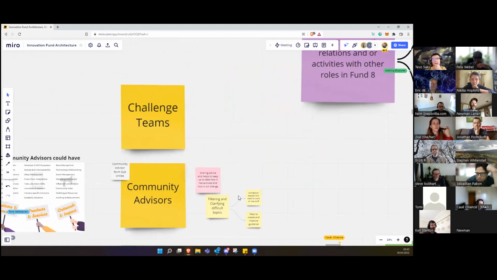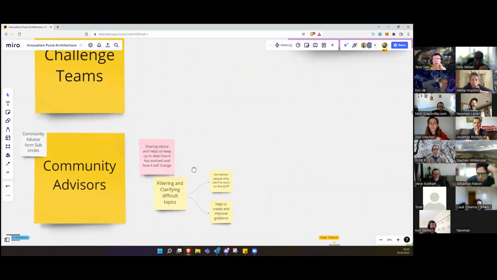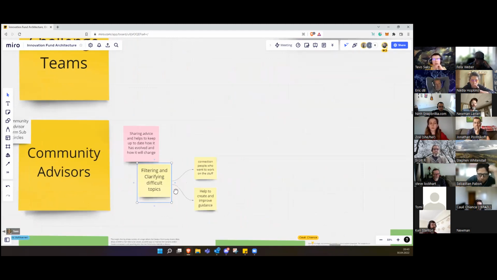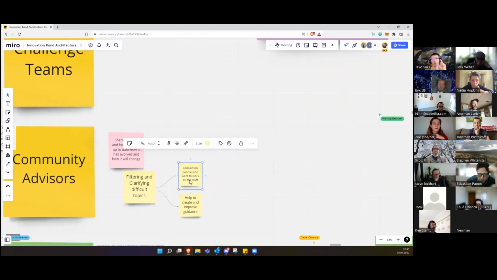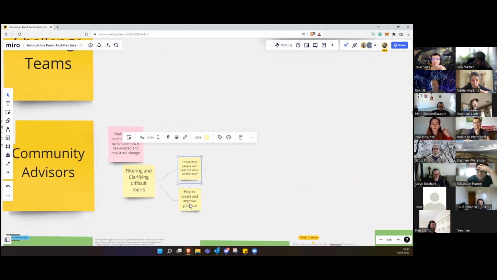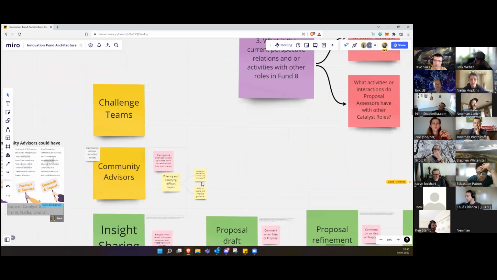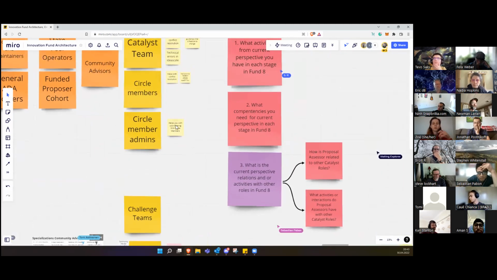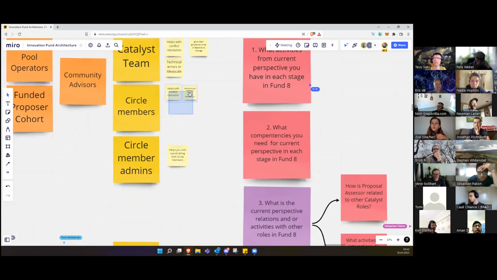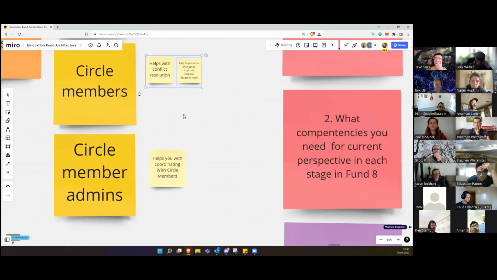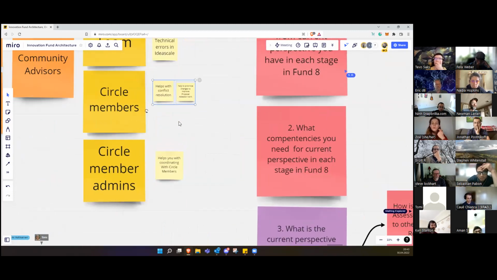Okay, and now the question is, after the community advisors filter and clarify the difficult topics, where does the work of connecting people happen? Would the circle members step in and help to coordinate them and help to create guidance, or where would their role be in that? Well, circle members can decide to create working groups on things.